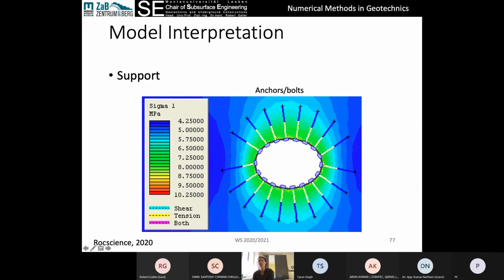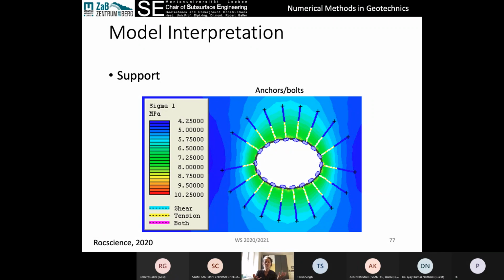Bolts, anchors and bolts, looking at what sort of failure we're expecting in our bolts. So this model, for example, there's tensile failure of all of the bolts. So all of these bolts are not being used anymore because they've all failed in tension. So that then tells us, okay, our design is insufficient. We need to do something about our bolts, or maybe our liner, or some combination.